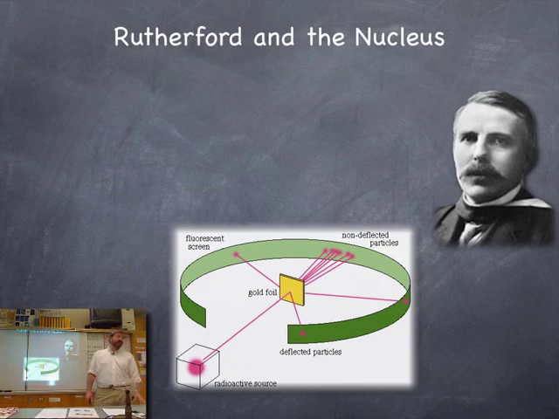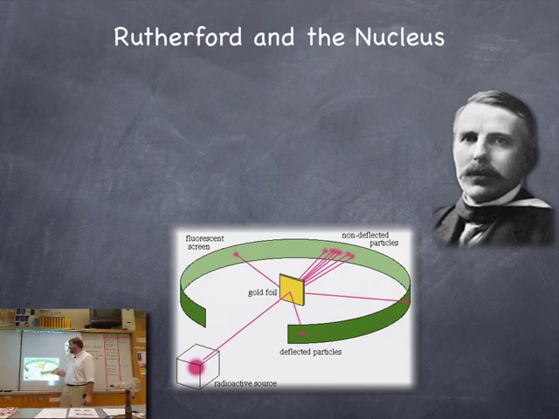So the classical experiment here is what's called the Rutherford gold foil experiment. And so we have a piece of a radioactive source and a gold foil, really thin piece of gold. And this is a screen that will glow or fluoresce when alpha particles hit it. So they take this source and they put it in a lead box with a tiny pinhole so the particles come out nice and straight.